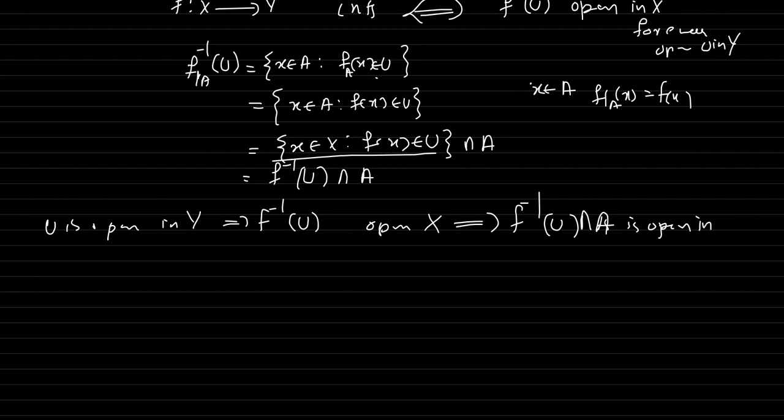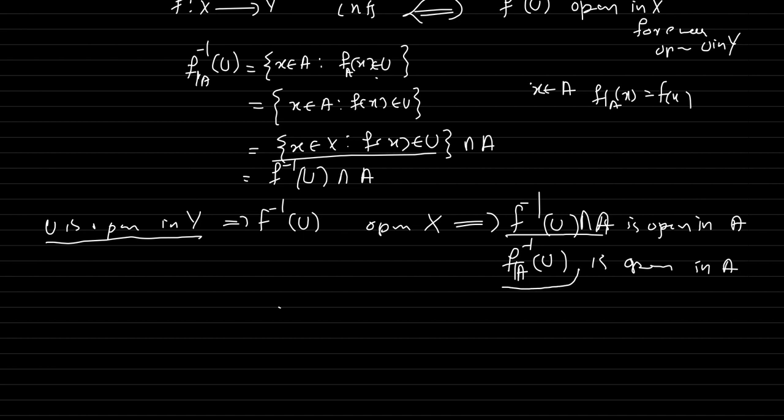In A, and this set is F restricted to A inverse of U, which is open in A. So we can say that whenever U is open in Y, then F restricted to A inverse of U is open in A. Therefore, the function F restricted to A is continuous.